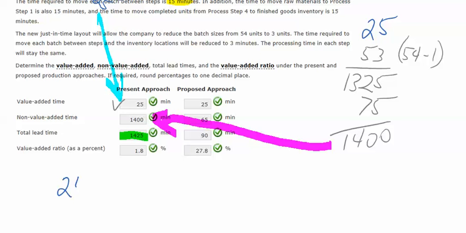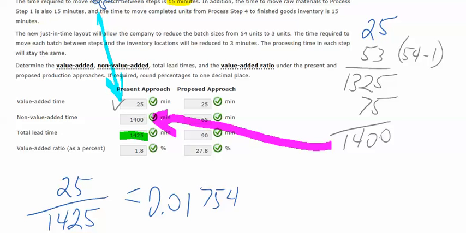I'll take the 25 divided by 1,425. It looks like I get 0.017543, and so on. I'm going to round that number, and that would be stated as 0.018, which is 1.8%.